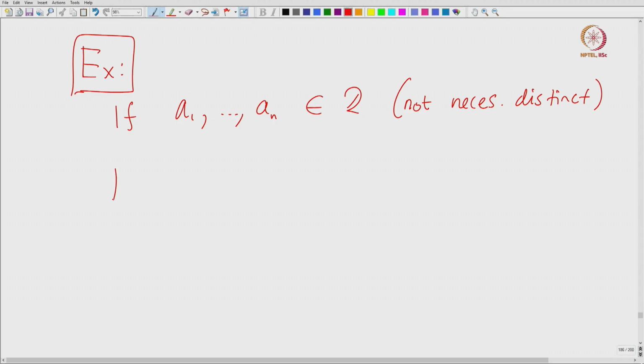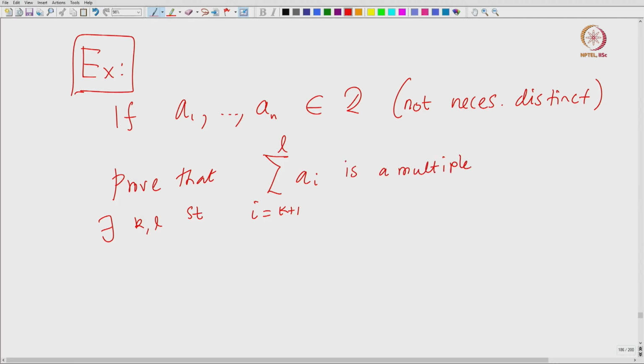So, basically if this is given, then prove that indeed we get consecutive sums. So, there exist k, l such that the summation of a_i, i ranging from k+1 to l, is indeed a multiple of n. Okay.